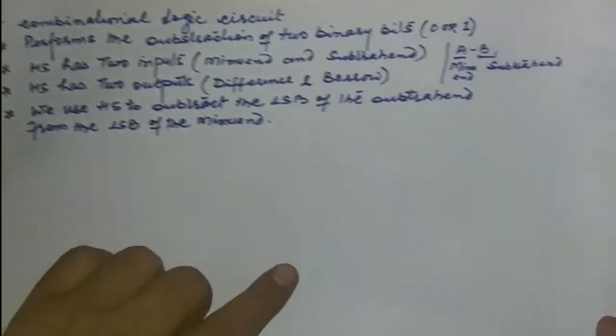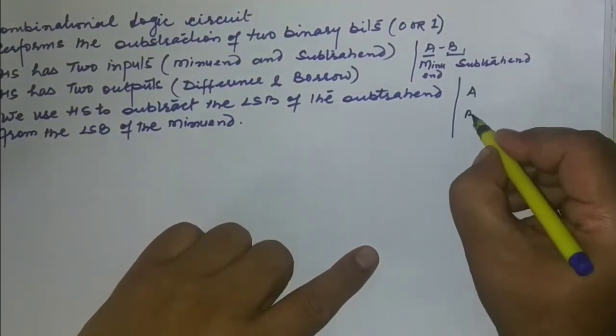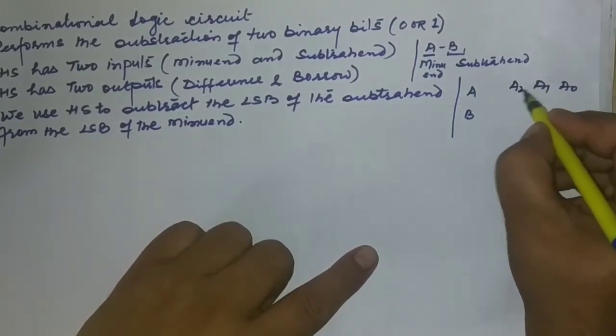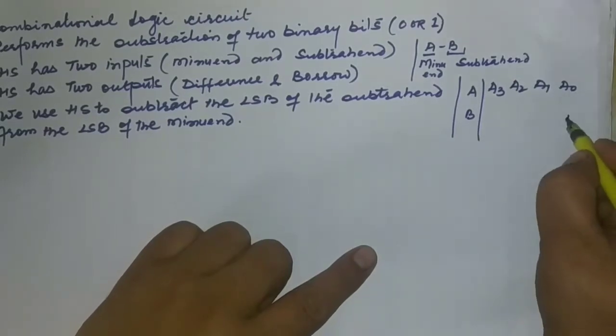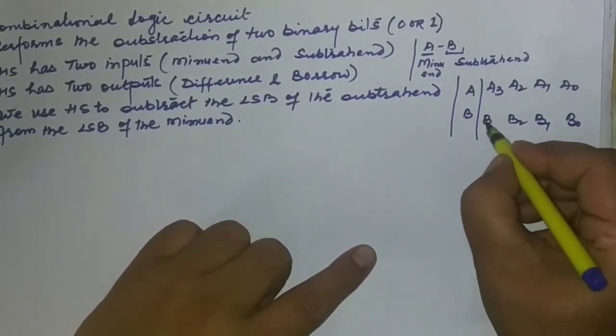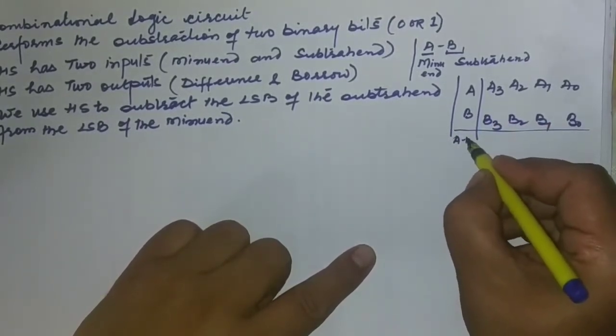What does it mean actually? Say for example, we have two numbers a and b, and say a0, a1, a2, and suppose this is a 4-bit number, and suppose b is b0, b1, b2 and b3. So we are performing actually a minus b.